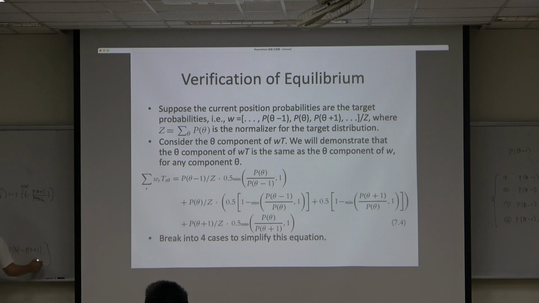Well, this one cancels, this one cancels, so we are going to end up with 2 p of theta. So the result is going to be p of theta divided by z.